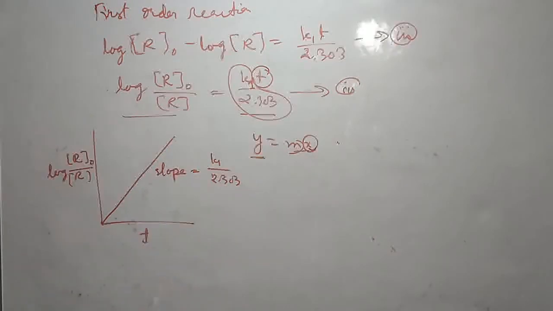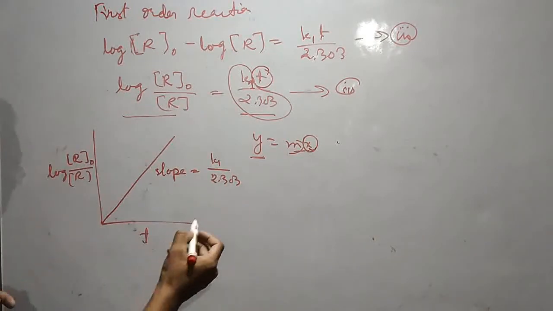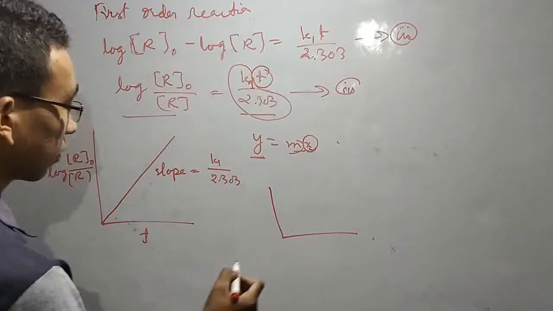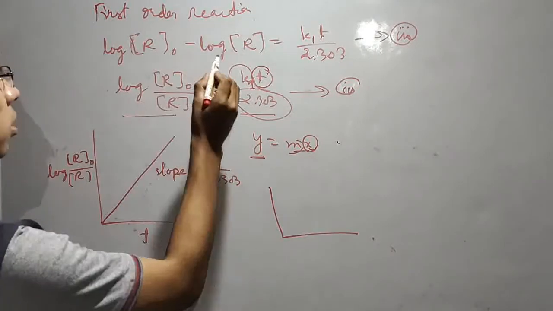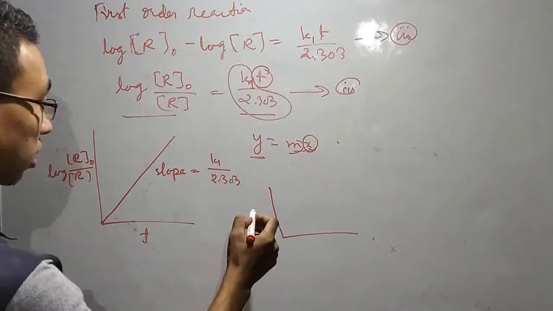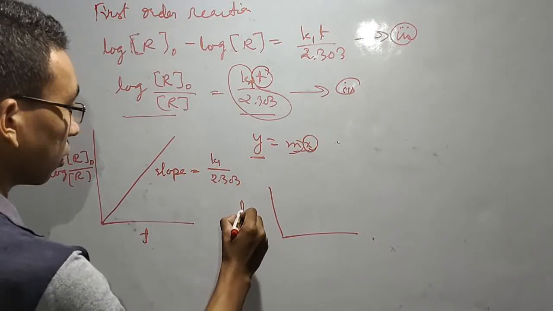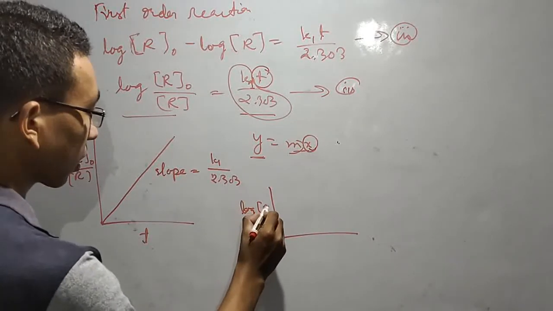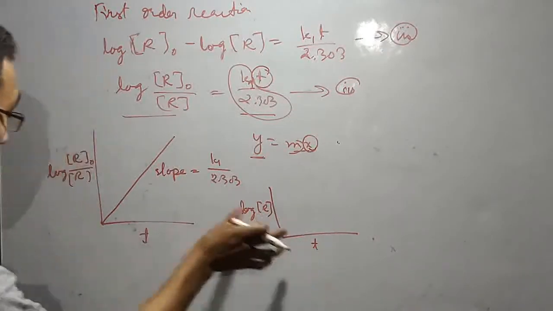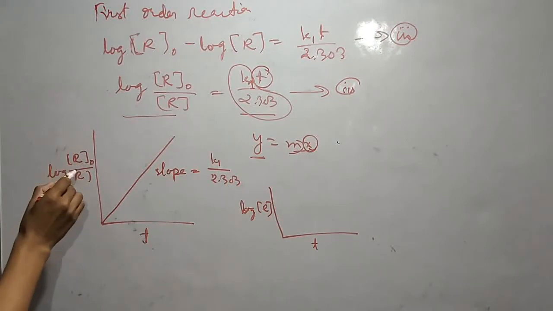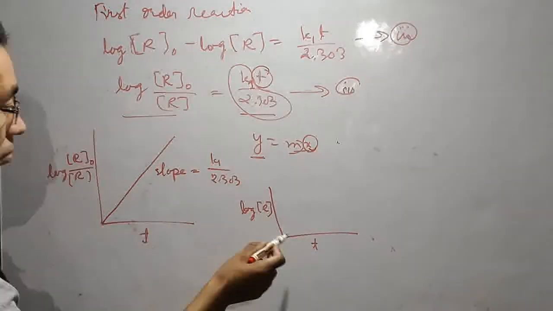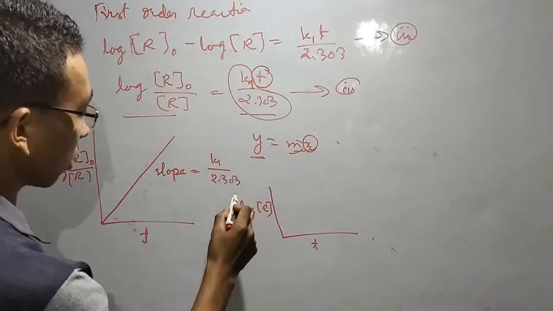So this is how the graph will be. Now I have another task for you. I want you to draw the graph for equation number 3: log of r versus time. Here I did it for log of r0 by r versus time, and you do it for this one.